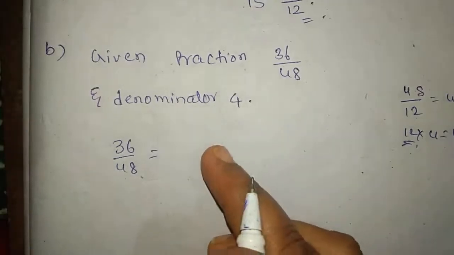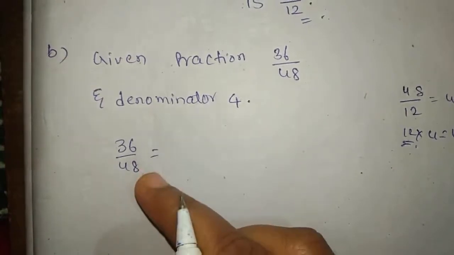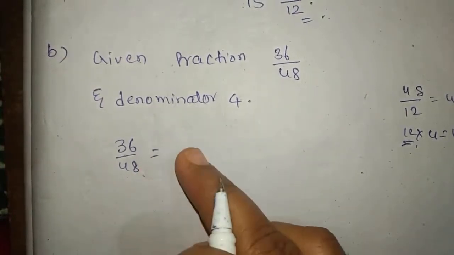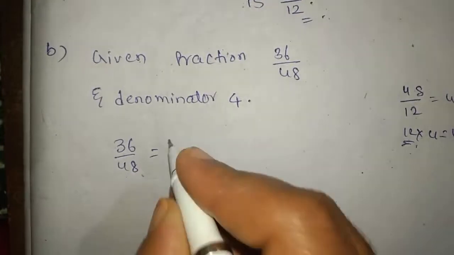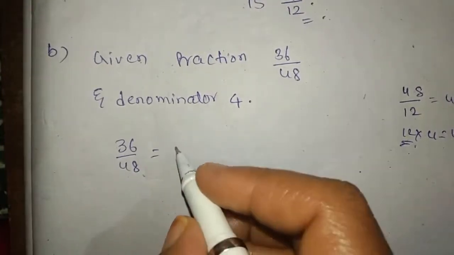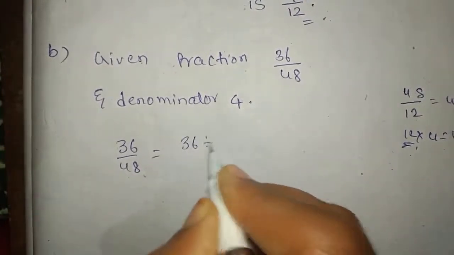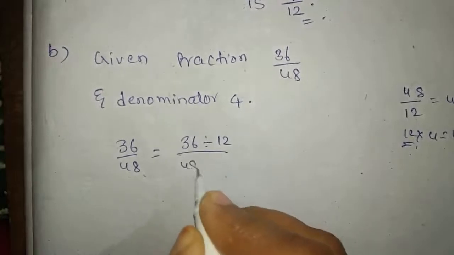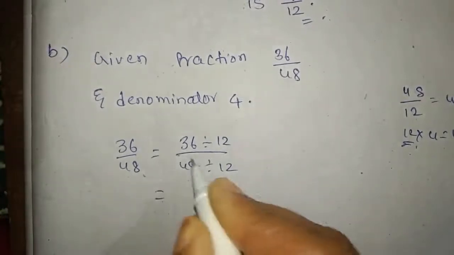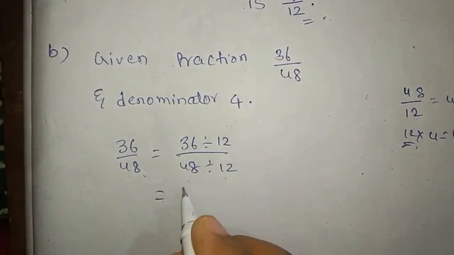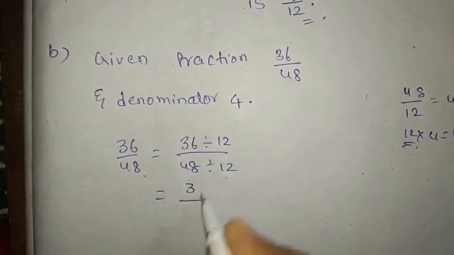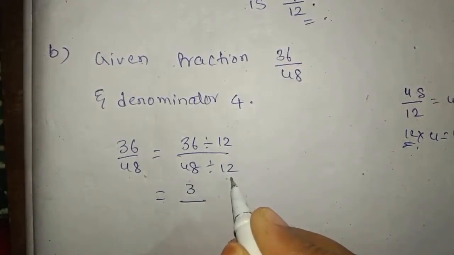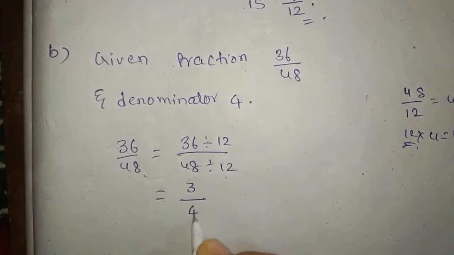So we divide both numerator and denominator by the same number 12. So we can take 36 by 48 as 36 by 12 and 48 by 12. 36 by 12 is equal to 3, since 12 threes are 36. 48 by 12 is 4.